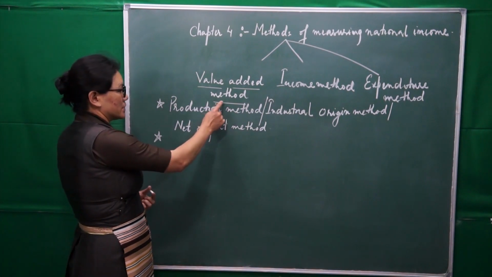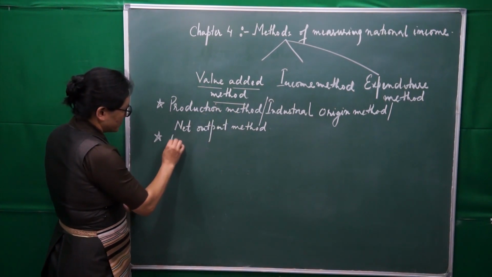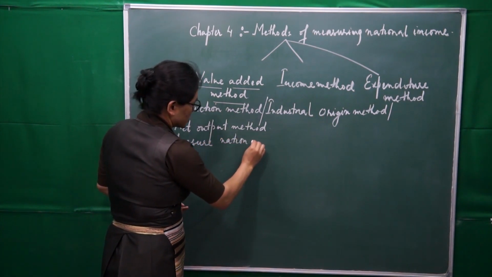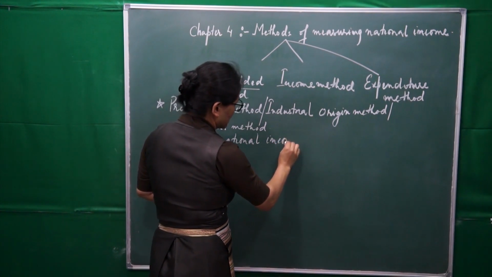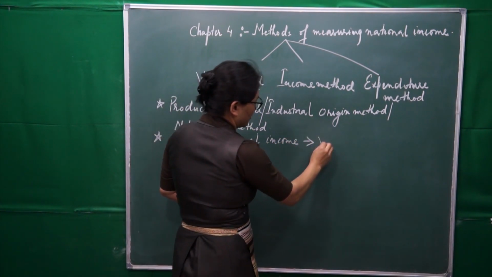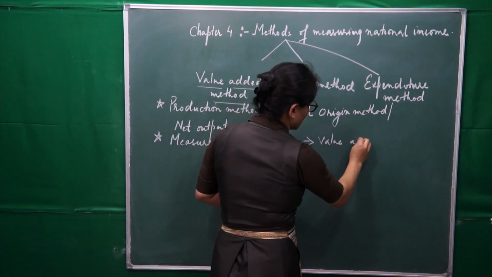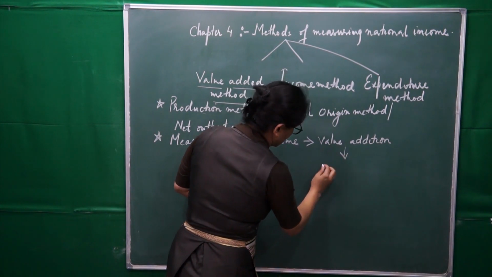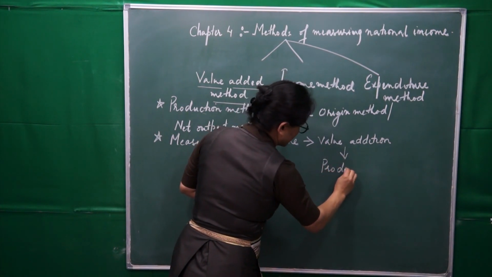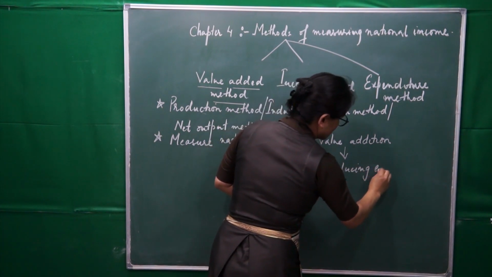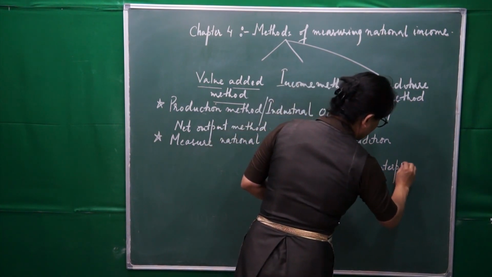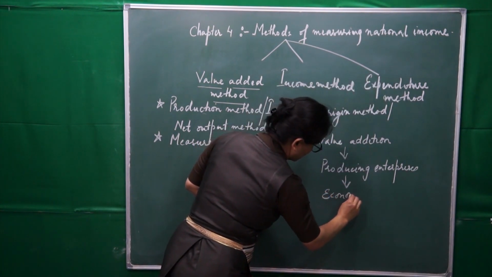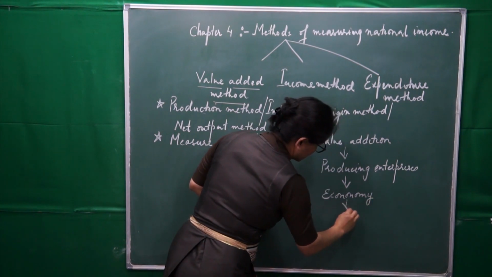Under this method, we measure national income in terms of value addition made by each producing enterprise of an economy during 1 year.